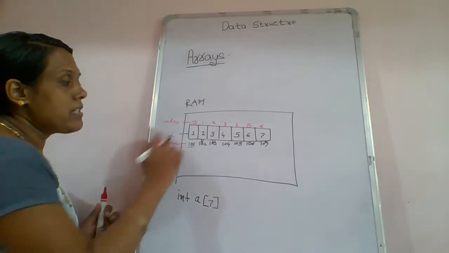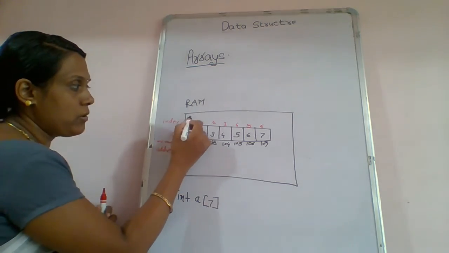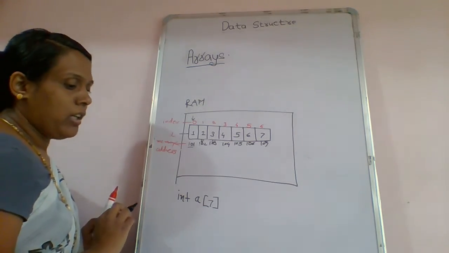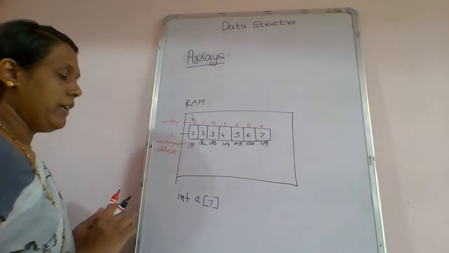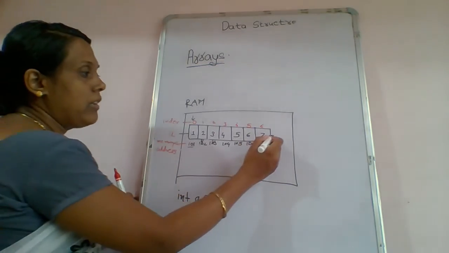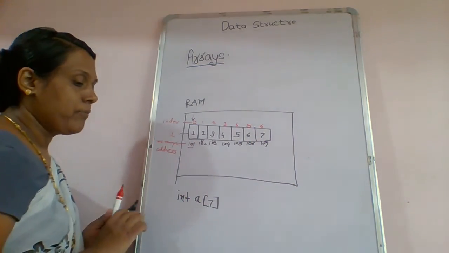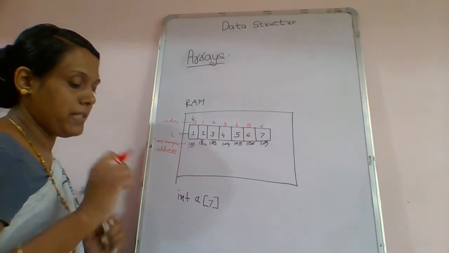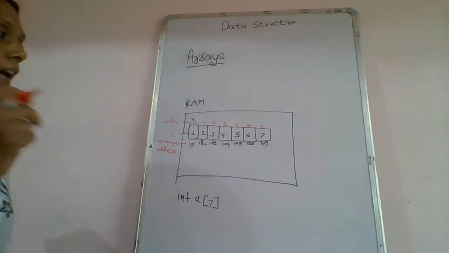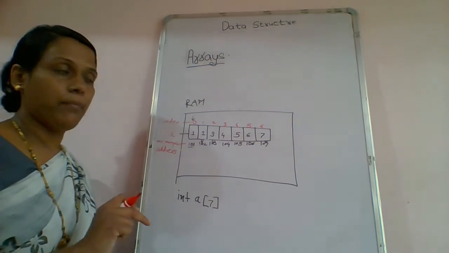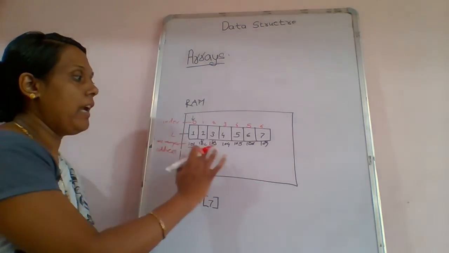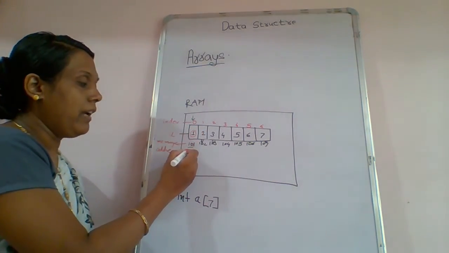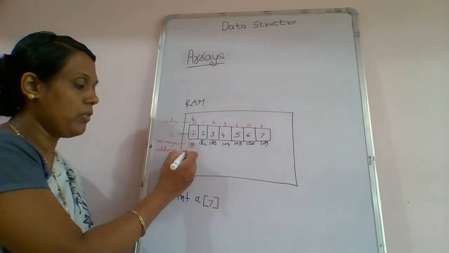These are the two ends of your array, called the lower bound and the upper bound of your index. That is the array, and this is the representation of your array in memory, meaning how your array stores the data in memory. In RAM, the element of the array has index 0 and its address is 101.